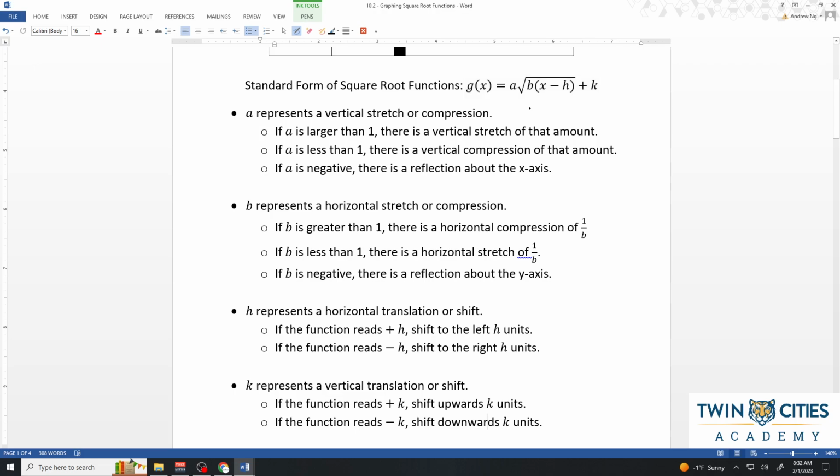So as a gets larger, there's a vertical stretch. As it gets smaller, there's a compression. And same for k. As it gets bigger, it goes up. And as k becomes negative, it goes down. That is how I would think the graph would work. But the horizontal changes are the opposite.